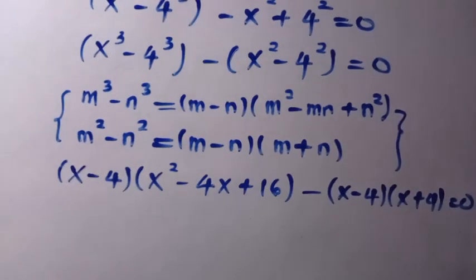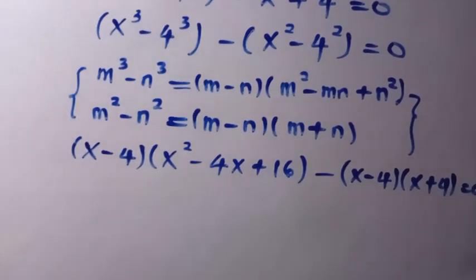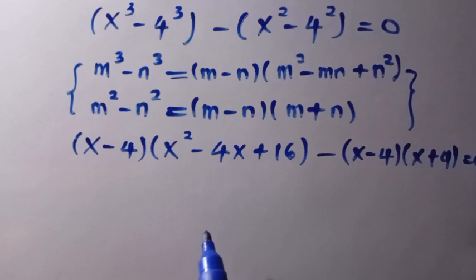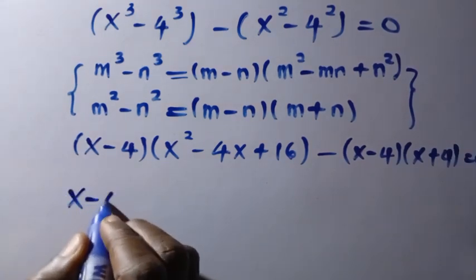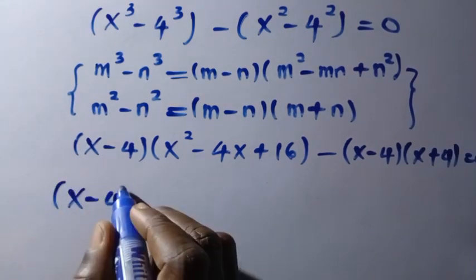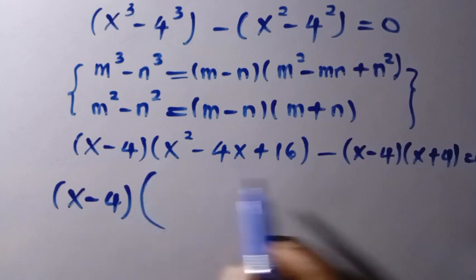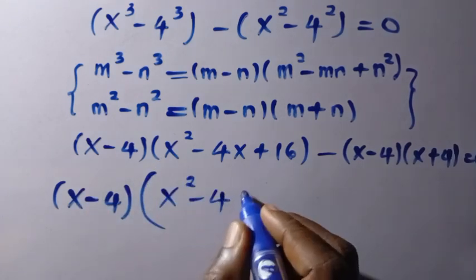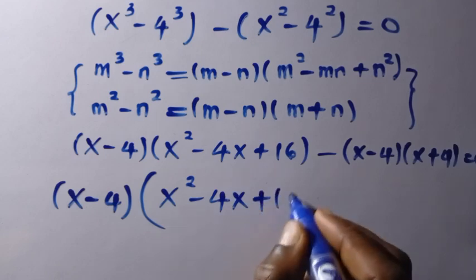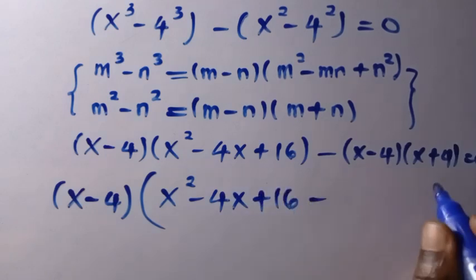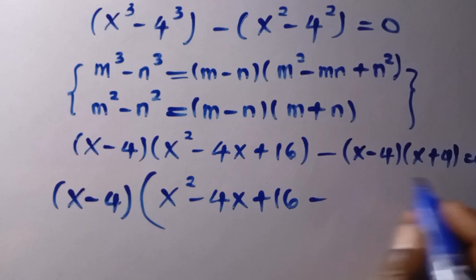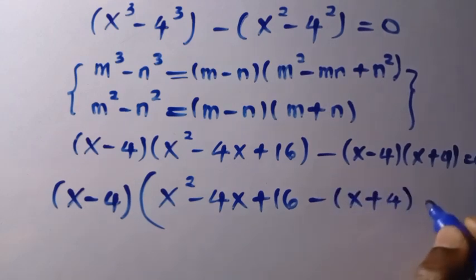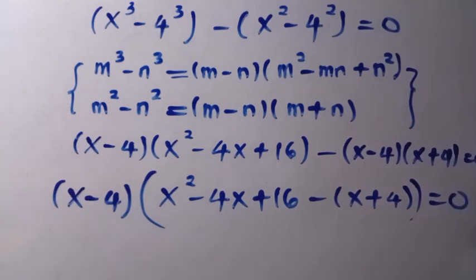Then from here we have x minus 4 which is common to them. So we have to factor out x minus 4 from here. Let's divide this one by x minus 4. We have x squared minus 4x plus 16 minus, also when we divide this one by x minus 4, we have only x plus 4, and all this equals 0.